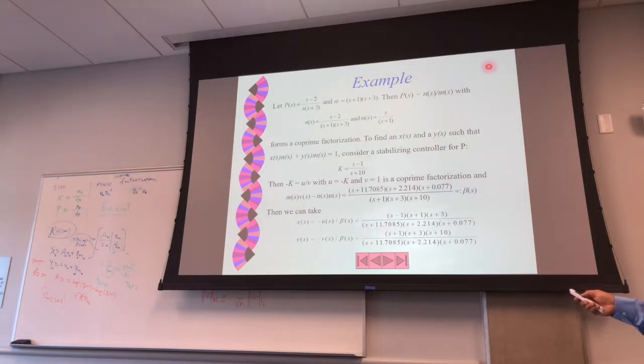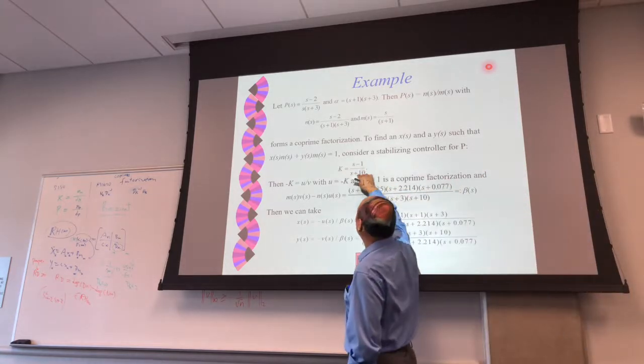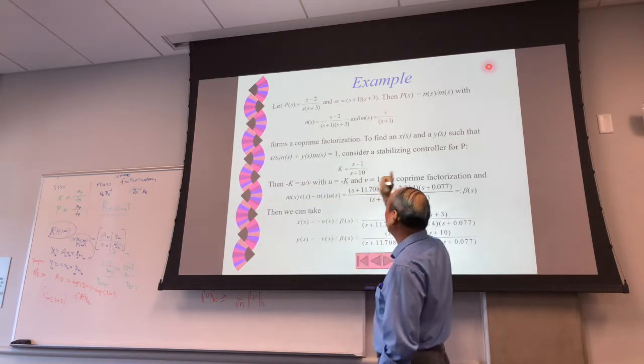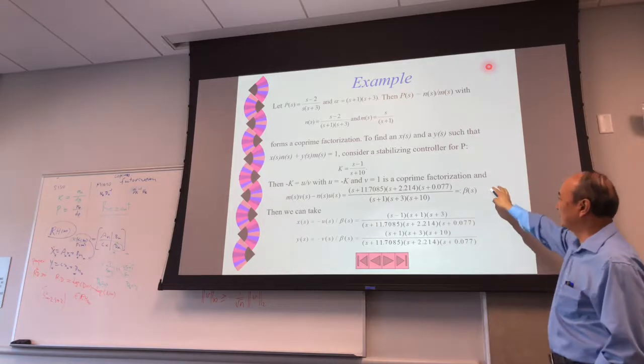But you cannot use this U and this V, they are not in RH infinity. So what I do is I choose U itself to be this one, and V is 1. So it's funny, right? U is this guy, and V is 1. So K is U divided by V with V equal to 1, and this is also a coprime factorization.